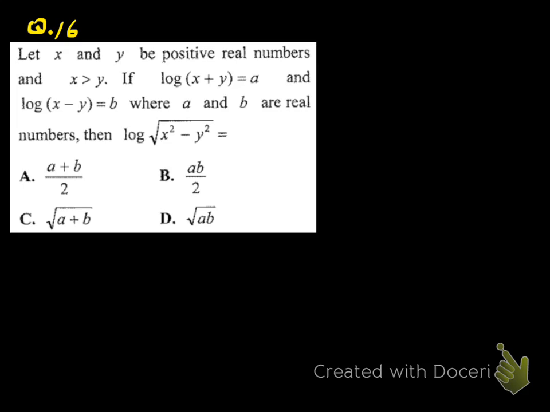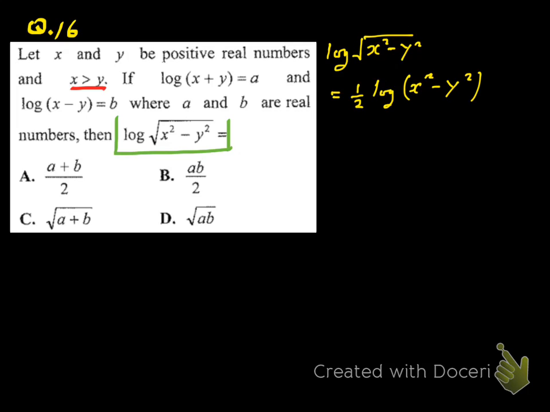Now in question 16, we're told that x is bigger than y. We have an expression of a equal to log of bracket x plus y, and b is log of x minus y. So let's find the log of the square root of x squared minus y squared. So the square root, can we take it out as a half, and we could use the identity of x squared minus y squared.